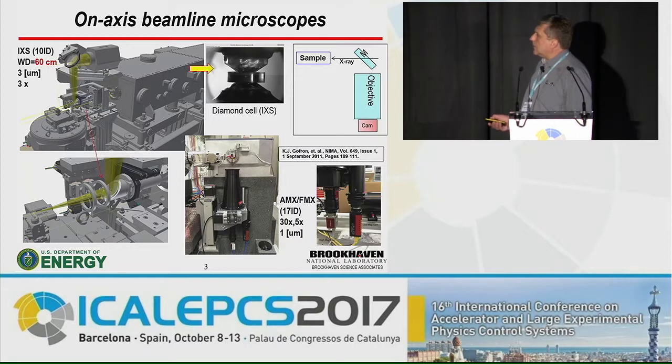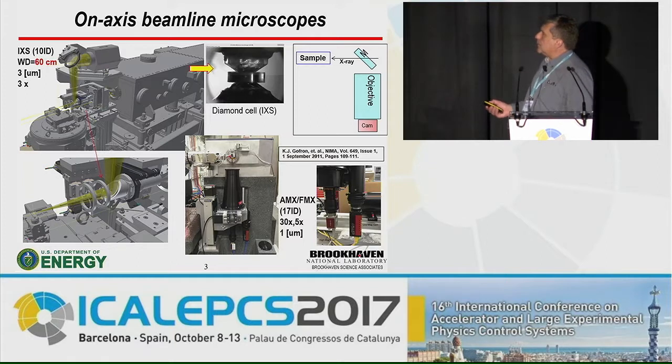This is the implementation of that mirror with the hole that allows the X-rays to pass through, and then the visible light coming back from the sample goes with the aid of this mirror, and in our design here is actually folded again with a mirror to allow the cryostat to be mounted on top of the Huber stack.